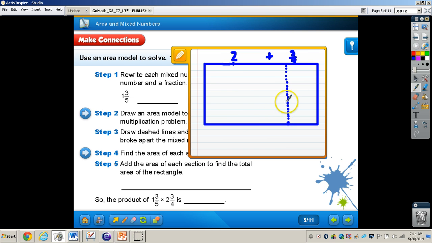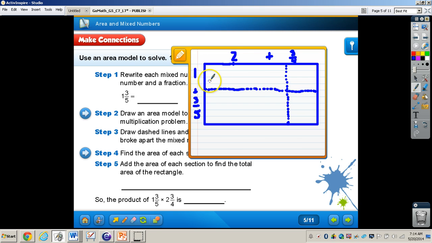Okay, so that can represent that, and then we're going to need a section representing 2. And then also we're going to have 1 3/5, just like that. So we're going to have the height of 1, the length of 2. And we can go all the way down just like this.